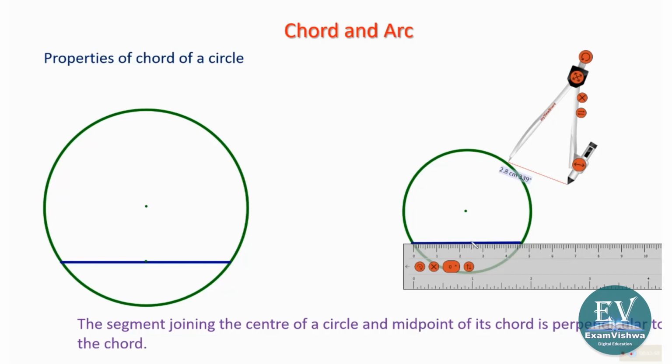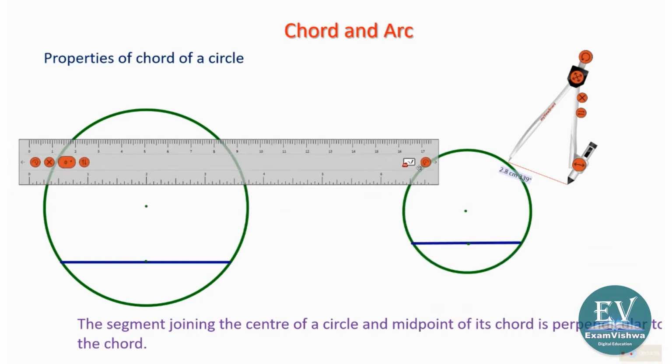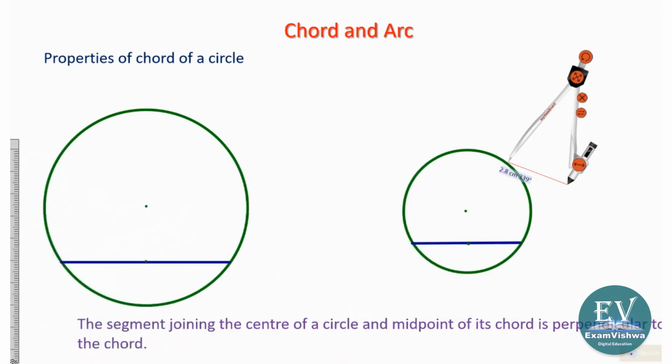I should mark somewhere here. That is why the compass is the correct way of finding the midpoint, drawing the bisector. All this should be done with the help of a compass. 4.8 is 2.4, almost close to it. Okay, now this is a roughly drawn diagram, not that accurate like on paper.